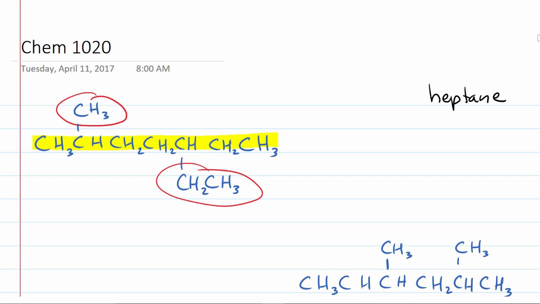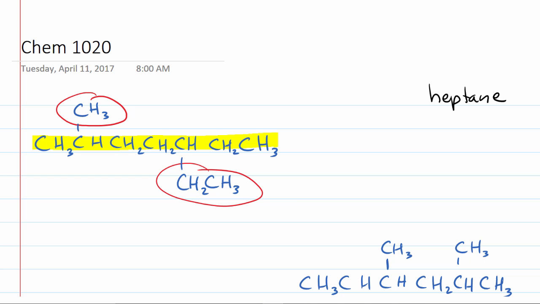So if we count from left to right, we come up with 1, 2, and in reverse we come up with 1, 2, 3. So which direction should we count? Left to right or right to left? Do we want to go this way or do we want to go this way? We want to go this first way because we go from left to right. This is off of carbon atom number 2.